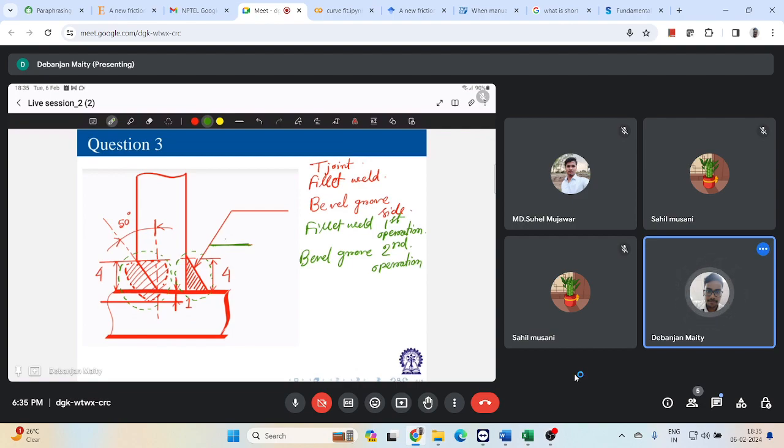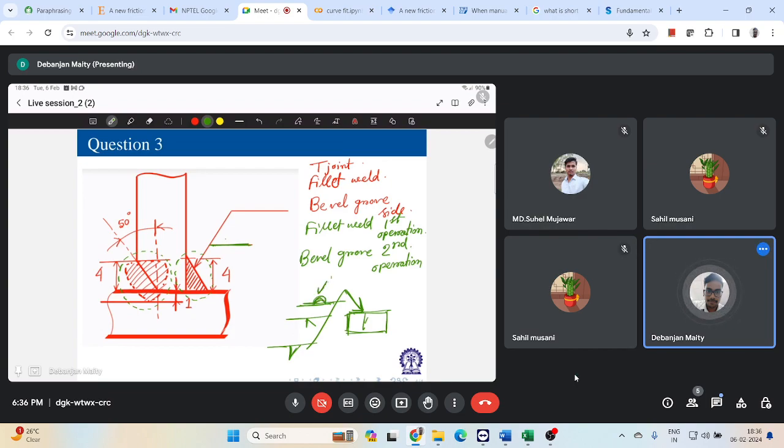So if you have some sequence like this, let's say you are doing some open square joint like this, and you have some symbols like this. So this is my melt through. This is my fillet, sorry, V groove one. This one will be my first operation, which is closest to the arrow, right?